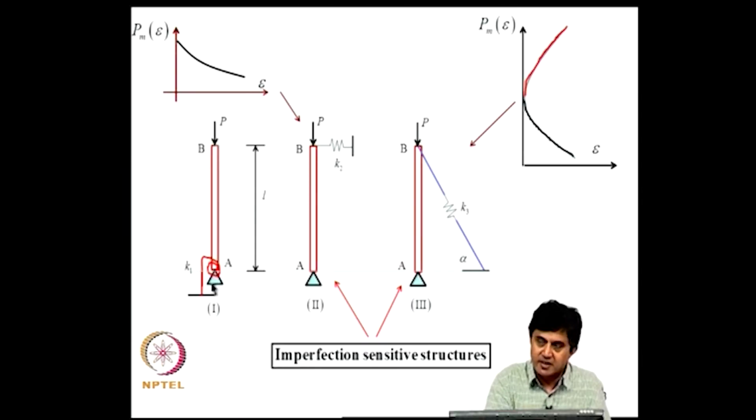The performance of a beam structure is relatively insensitive to imperfection, whereas for these two structures, due to the presence of imperfection, the load carrying capacity is lowered, and the amount by which it gets lowered depends on the actual imperfection. One can work out that detail as indicated here. So, the paradoxical observation that we started with, the explanation lies in examining the interaction between imperfections and large deformations of the structure.